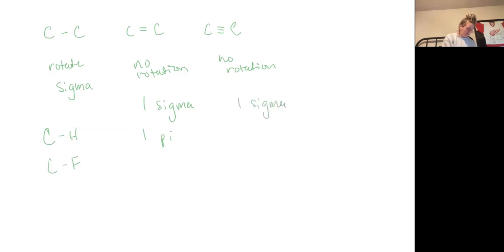And how many pi? Good, everyone knows, 2 pi. Perfect. So that should help with the counting of them. If you're looking at a triple bond, the first one will always be a sigma bond, and then these 2 here will be pi bonds.